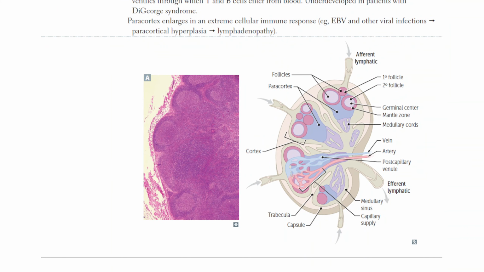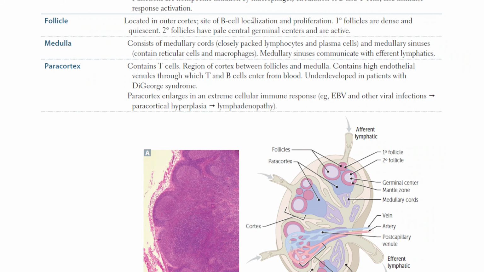Just remember, the follicle is localized in the outer cortex, where B cells are localized and proliferate. So the B cells are in this more external area.